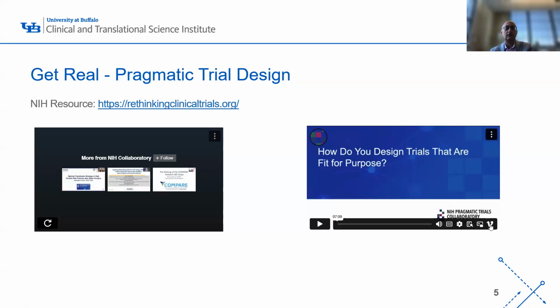I want to talk about how we actually design trials that are pragmatic trials and talk through the PRECIS-2 tool as a way to really help us design trials that are fit for purpose. There are a few things that I want to really underscore. The first is that line between explanatory and pragmatic, it's a continuum. There are arrows on either end of the line.